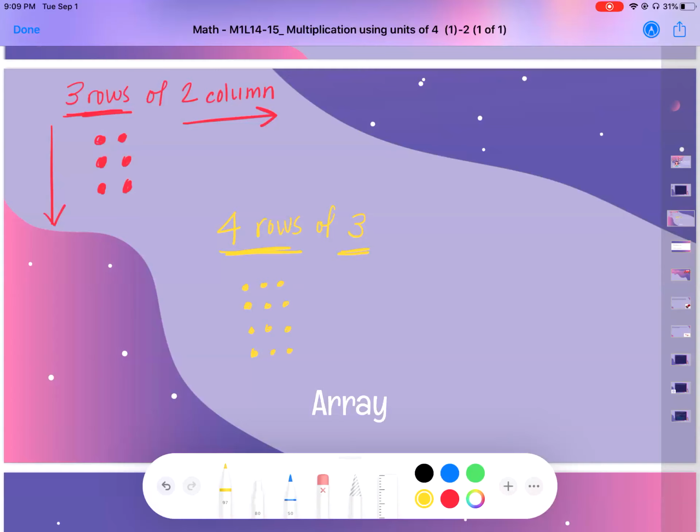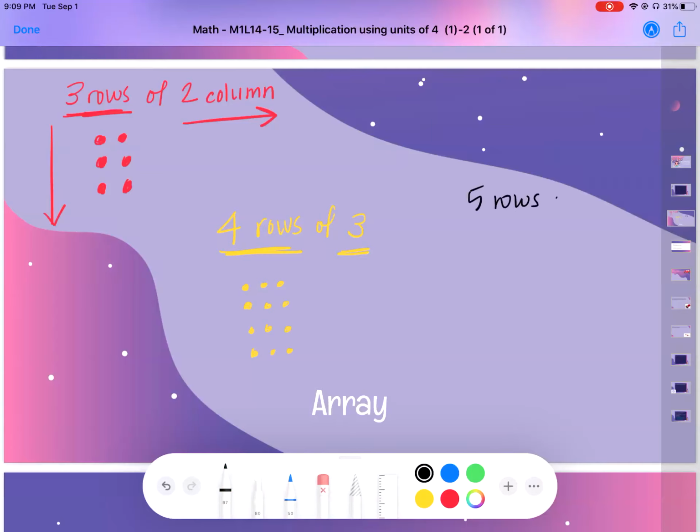There might be some question that's asking us to draw a certain shape or item. If that's the case, you just need to replace the dot with that shape. So here's an example. 5 rows of 2. Let me choose another color, this is not very visible.